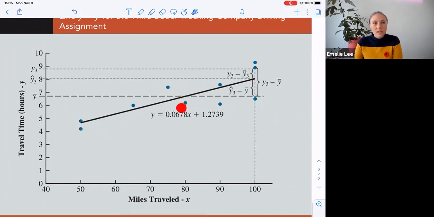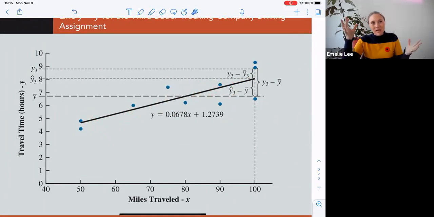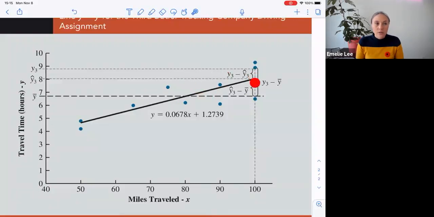And what we want is some sort of measurement that tells us how well this line actually communicates the activity in the actual observed values, right? And so we talked about the residuals already, so that's one way that we could talk about it.